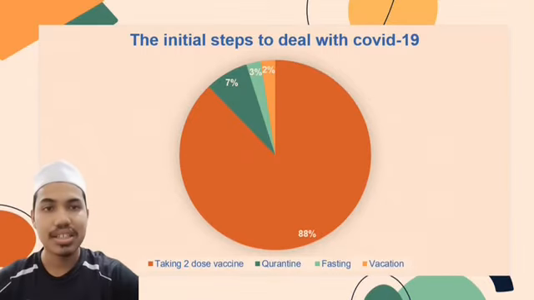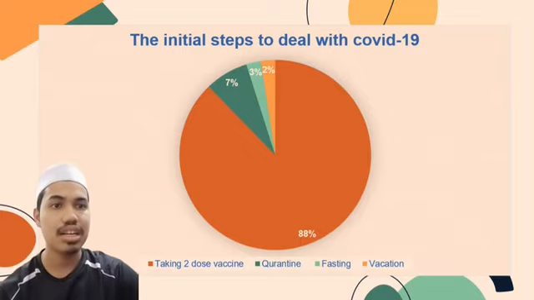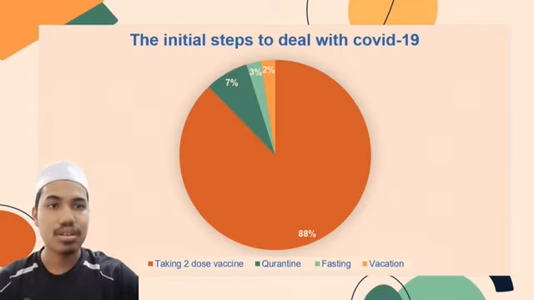Based on the pie chart, here we can see 88%, a total of 36 people, answered that they took 2 doses of vaccine. This is because it is the only way to reduce viral infection. Although many have got 2 doses, many are still infected. There is also 7%, that is 3 people, who have chosen to take 5 doses of vaccine.